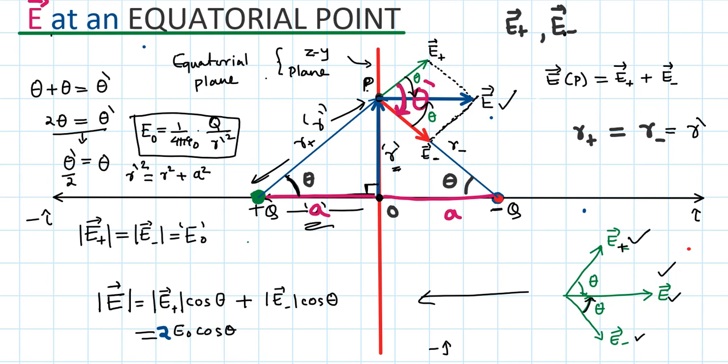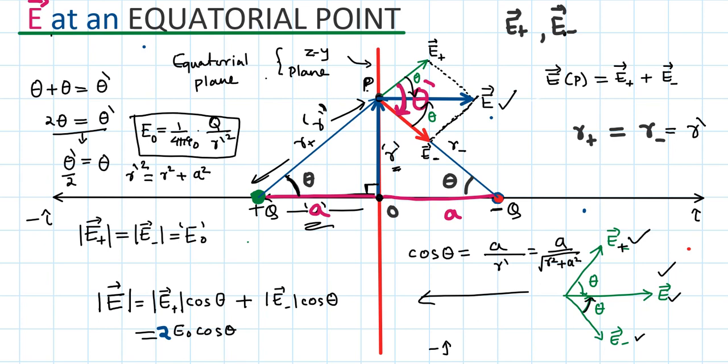The adjacent side is A and the hypotenuse is R prime, which is the square root of R squared plus A squared. So cos theta is equal to A divided by the square root of R squared plus A squared.